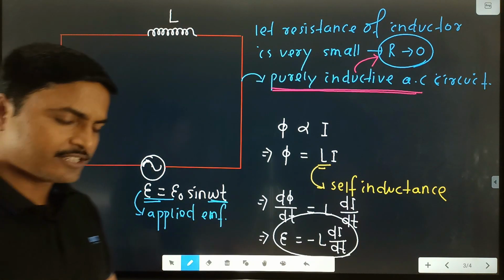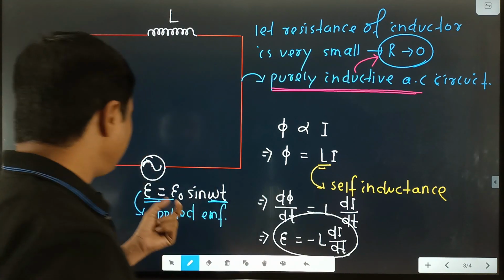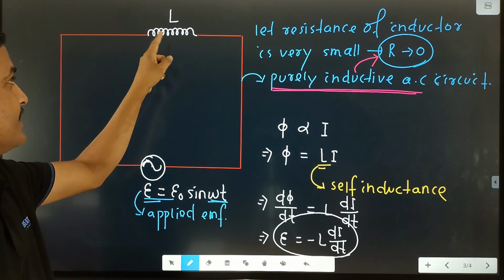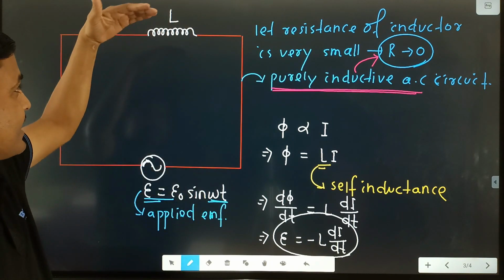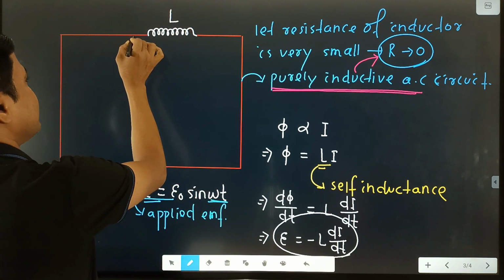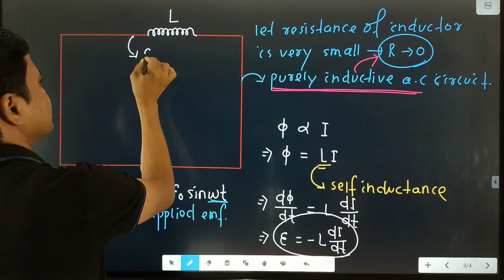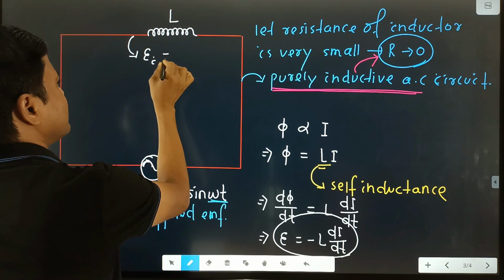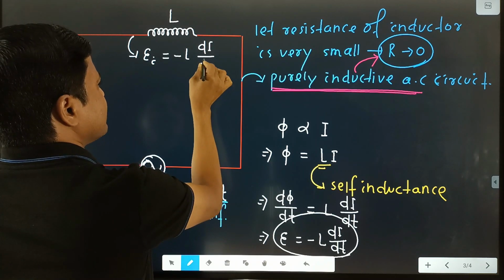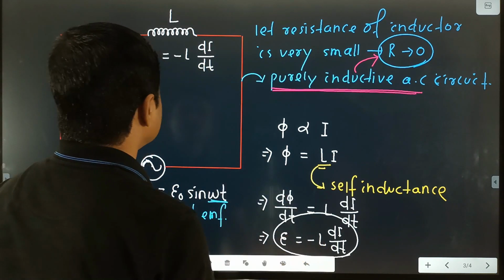Clear? That means finally we get, if we apply an alternating EMF to an inductor circuit, then another induced EMF is produced. That is E induced is equal to minus L into di divided by dt, this one.